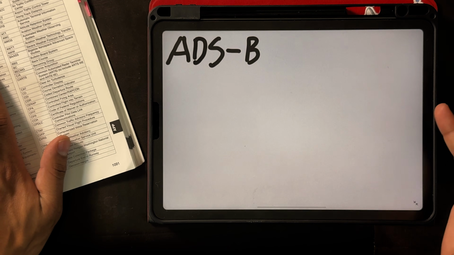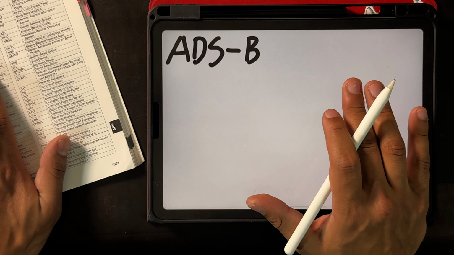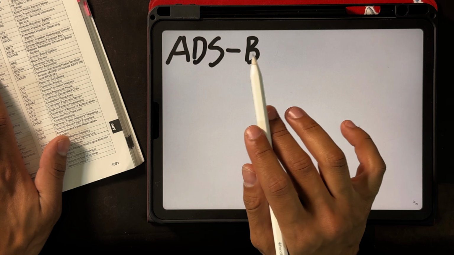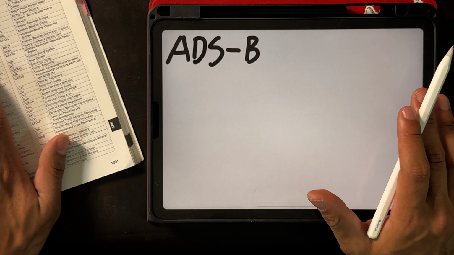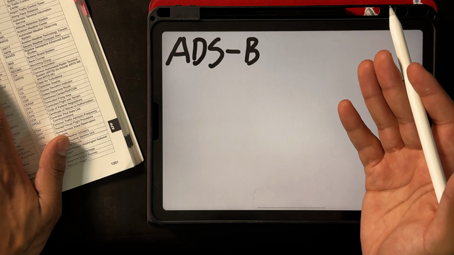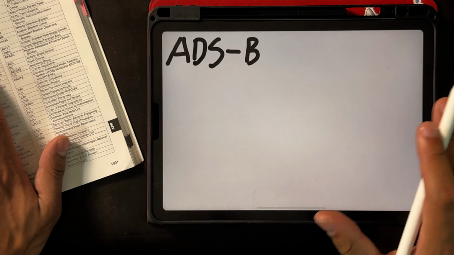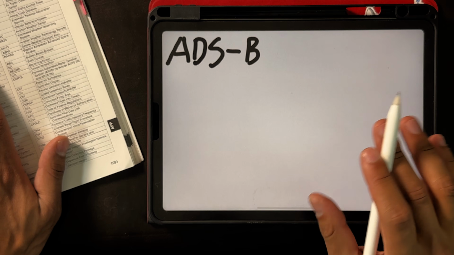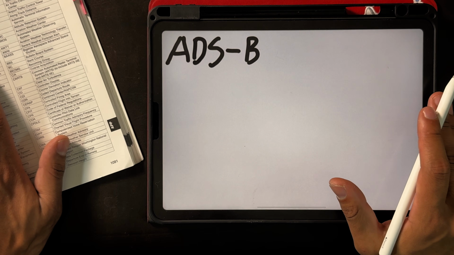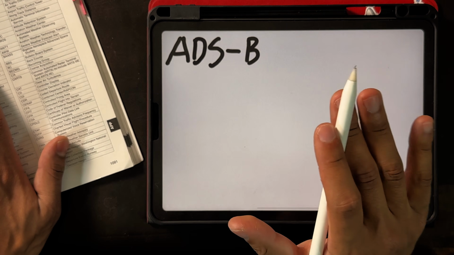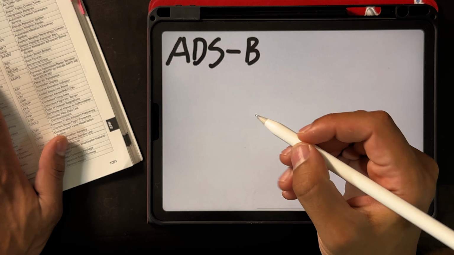I'm not going to get too in depth with any of these, but one cool thing that ADSB allows pilots to do now is see each other on your iPad if you have the correct equipment. But you can just see each other now right on your map display, which makes it a whole lot safer.